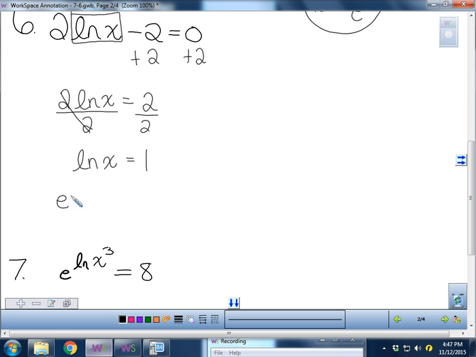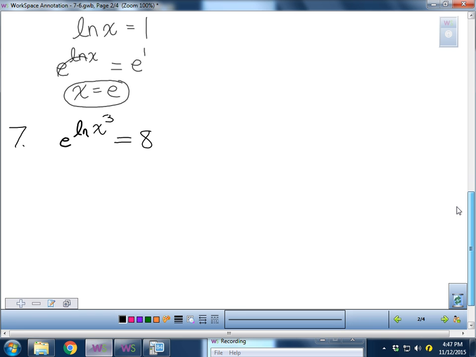So I'll take e to the ln x equal to e to the first. E and the ln directly next to each other, those cancel. That's the whole point of doing that, right? So I get x equals e to the first, which is just e. Remember e is a number, so we're not going to give a decimal for that.